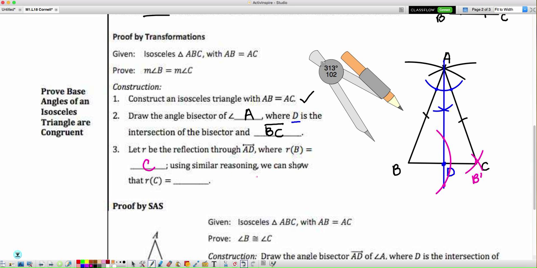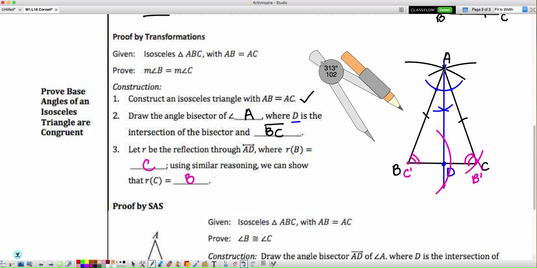Using similar reasoning, we could reflect C over, but we know C prime would end up right over here just by looking at that same reasoning. So C would end up over where B is at. So knowing that, that means that if I took this whole angle and I reflected it over, then this whole angle would reflect over to this side.